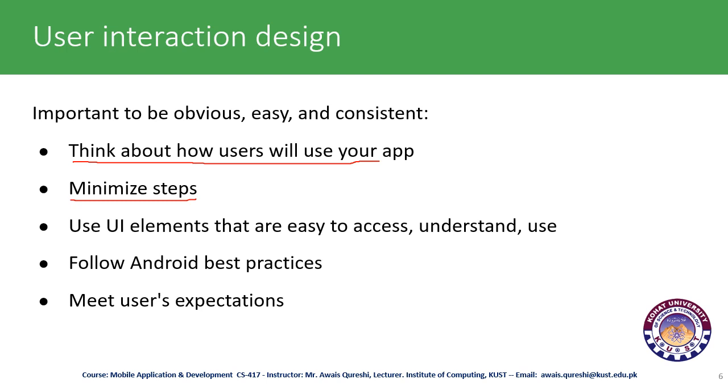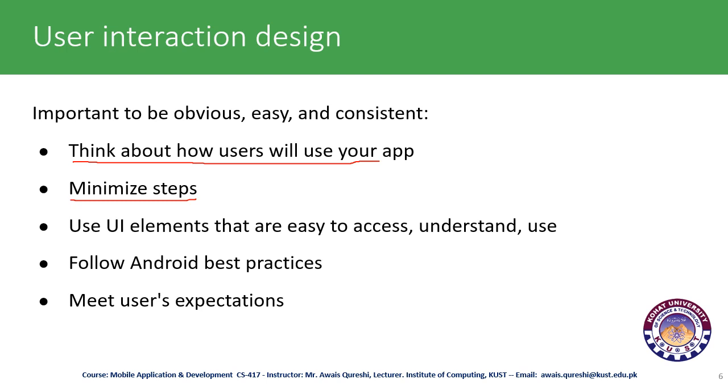The purpose of this step is to minimize memory overload. If you design your app having multiple stages or multiple steps, then it is very difficult for the user to engage with your app and input data in a timely manner. So this second principle is very important. You should always design your app with minimal steps.